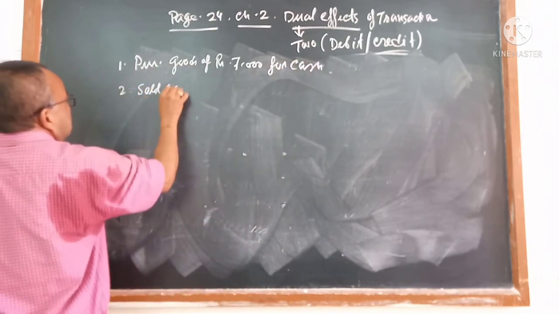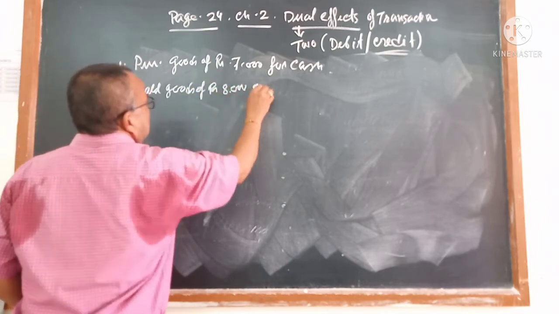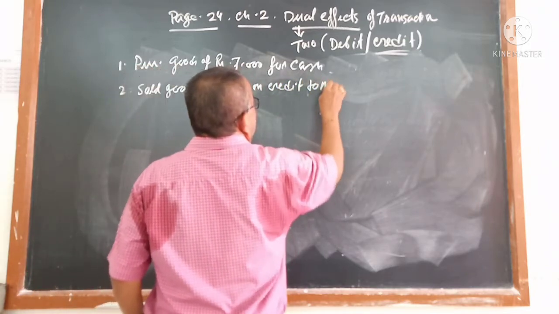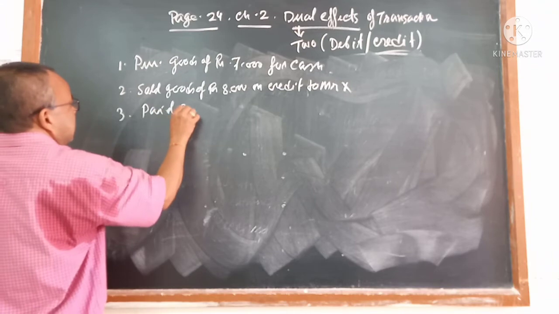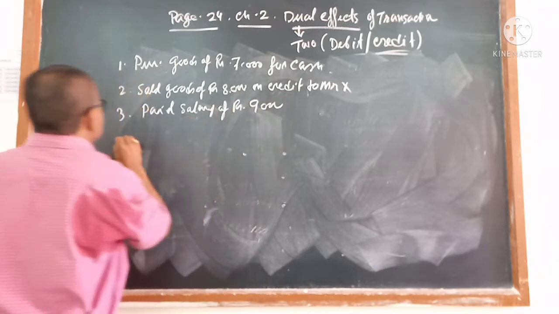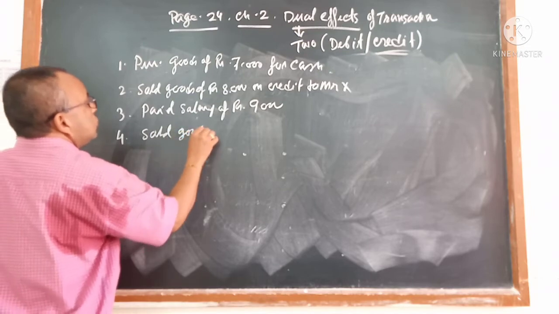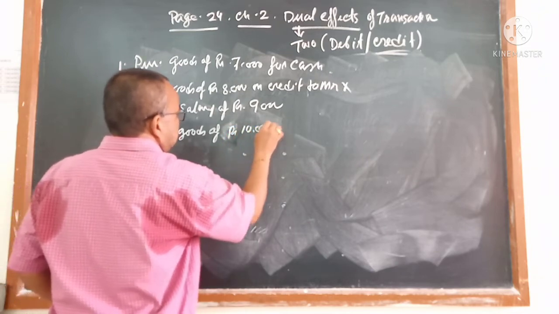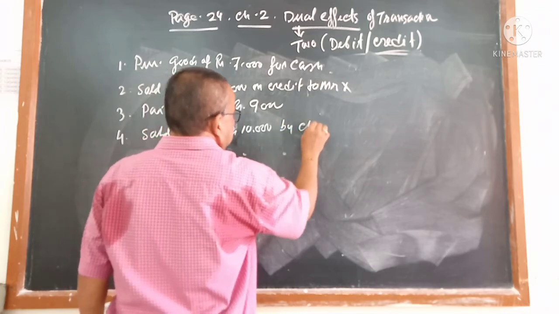Number 2. Sold goods of ₹8,000 on credit to Mr. X. Third one, paid salary of ₹9,000. Fourth one, sold goods of ₹10,000 by check.